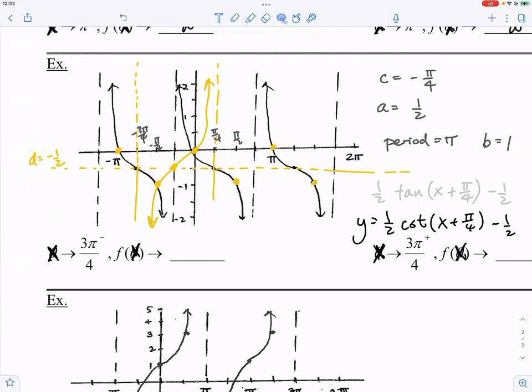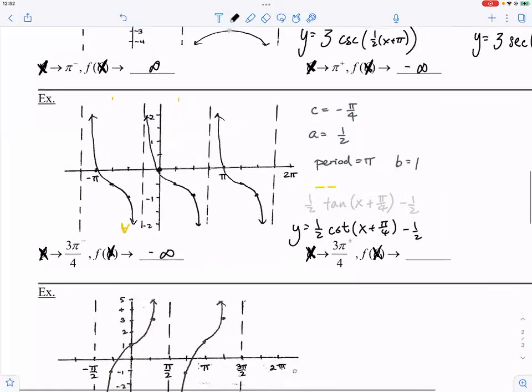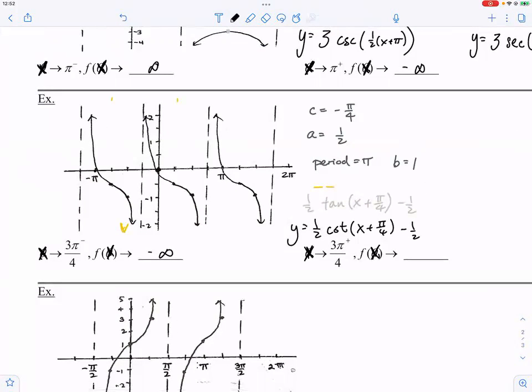So as x goes to 3 pi over 4 from the left, it's heading to negative infinity, great. And if it's heading to 3 pi over 4 from the right, it goes to positive infinity.